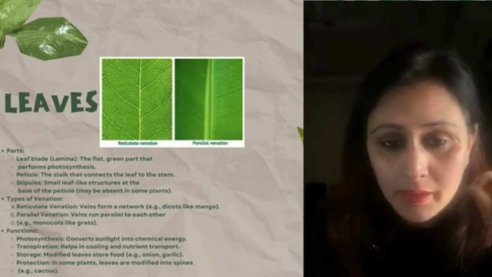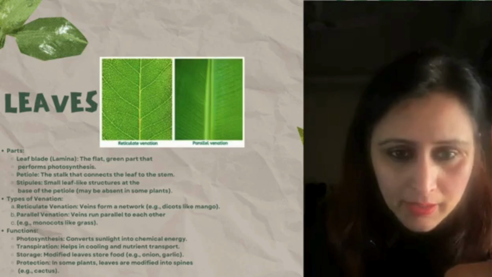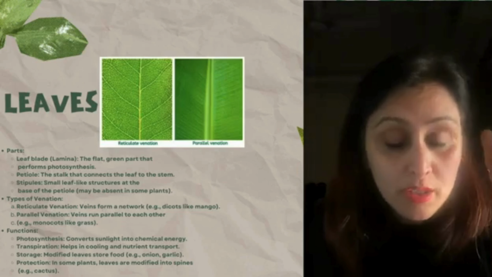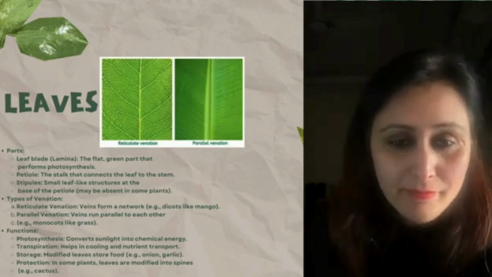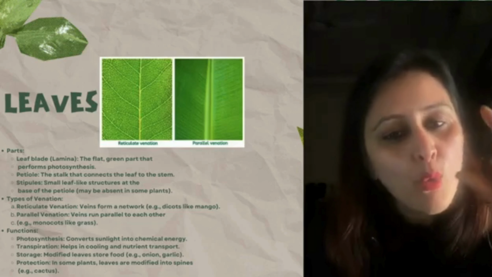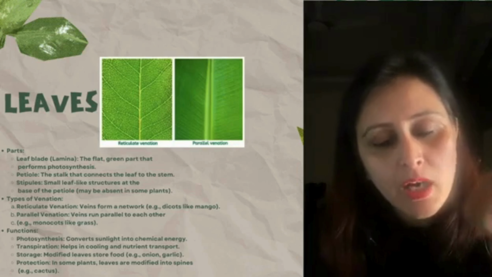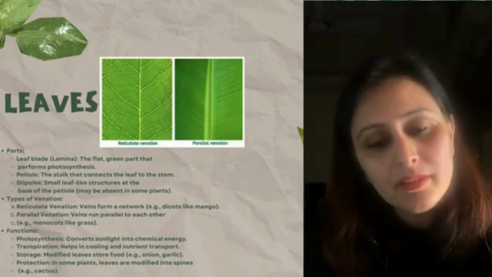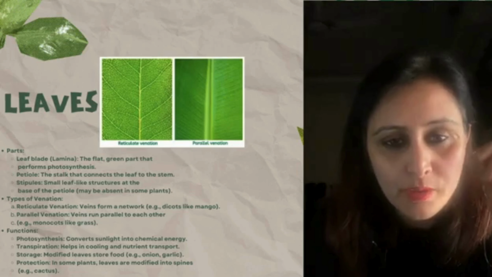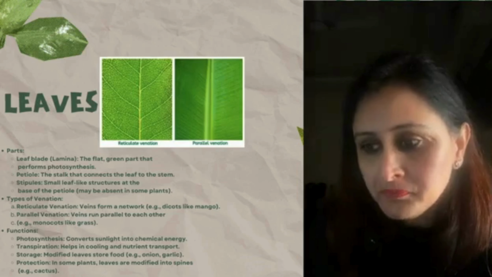In onion and garlic, garlic and onion greens जब हम देखते हैं, they are longer, right, and a little fleshy also, ठीक है? उसके अंदर the leaves are modified in such a manner that they start storing food, right?